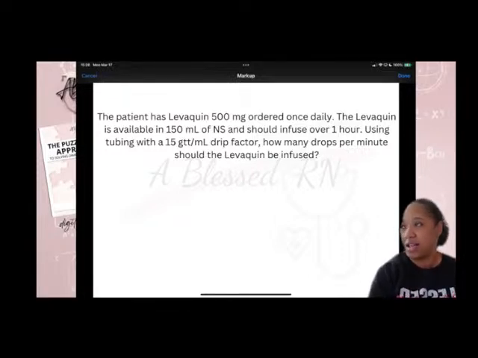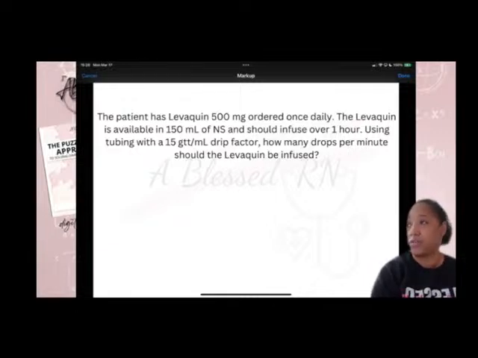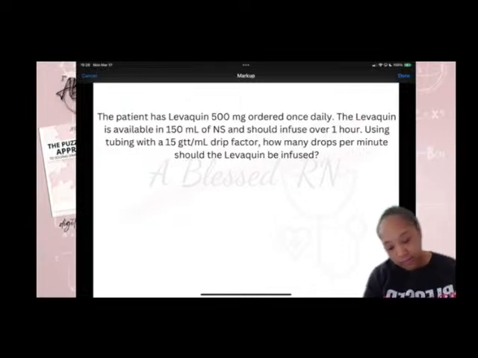So the patient has Levaquin 500 milligrams ordered once daily. It's available as 150 mLs in normal saline and should infuse over an hour, using the tubing with 15 drops per milliliter drip factor. How many drops per minute should the Levaquin be infused?